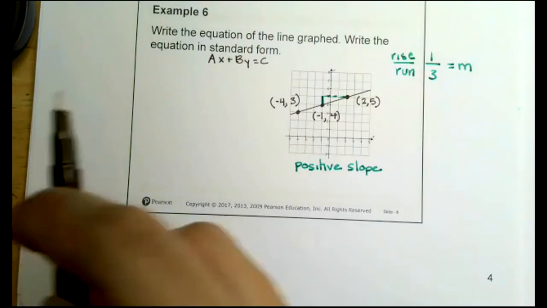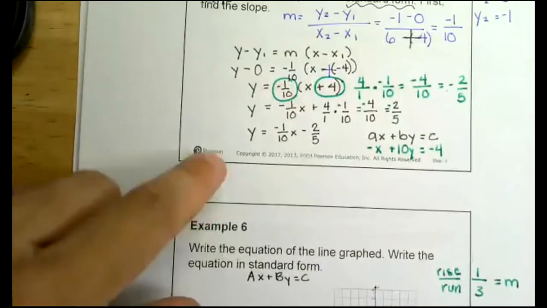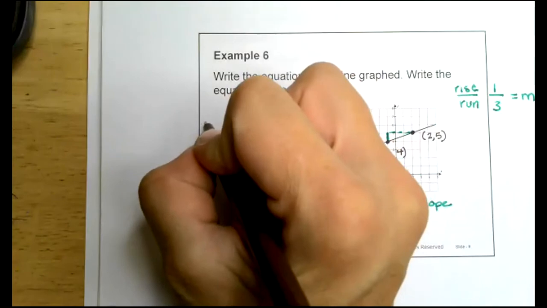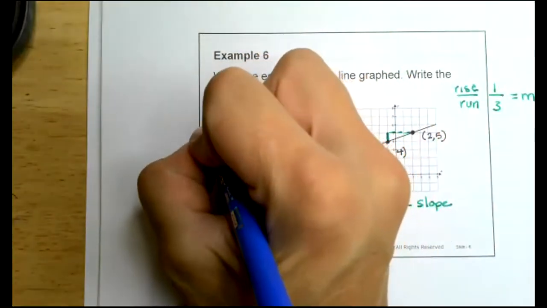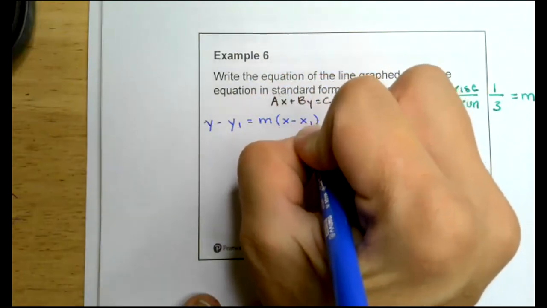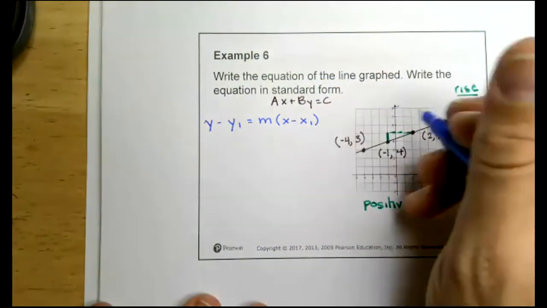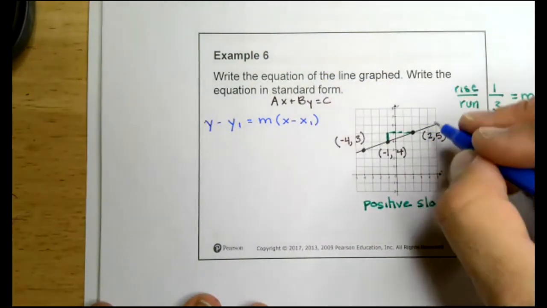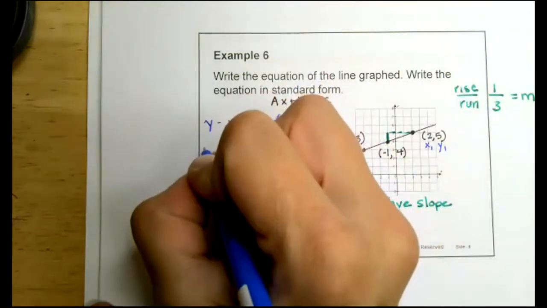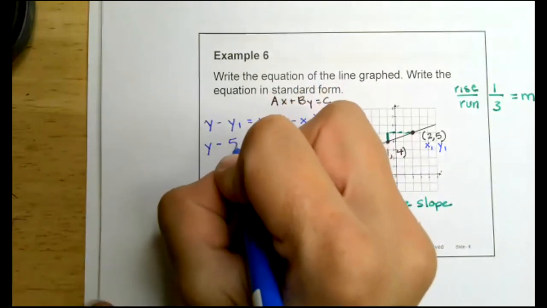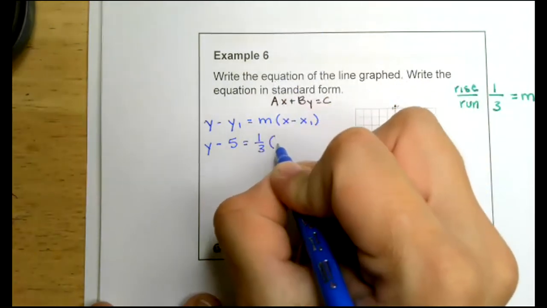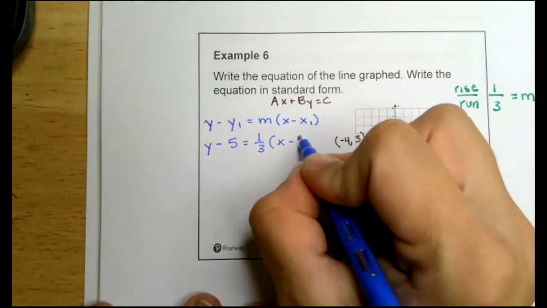If I have points and the slope, I can use this form. y minus y1 equals m times x minus x1. Does not matter which point I use, I'll use the one without any negatives, okay? So the 2 is my x, the 5 is my y. y minus 5 is 1/3 x minus 2.